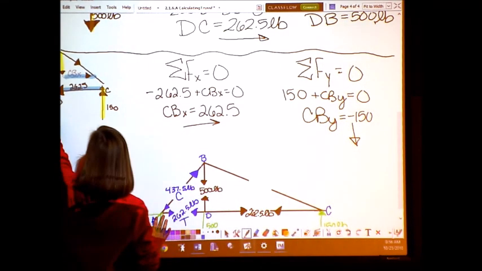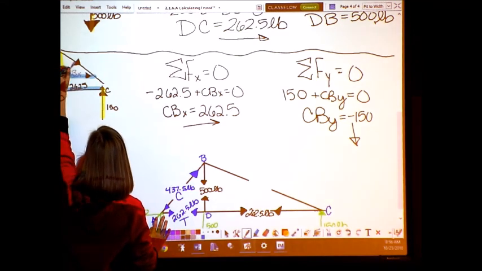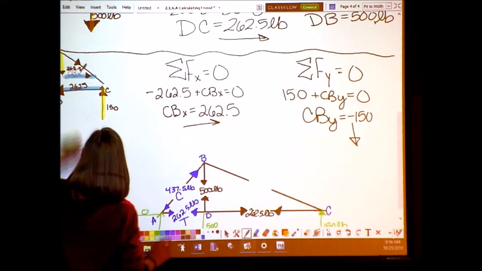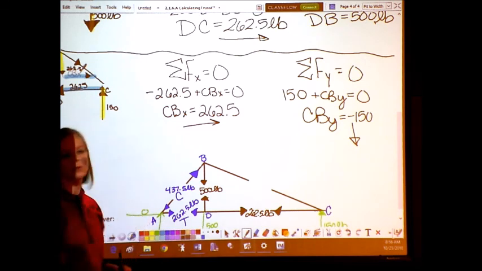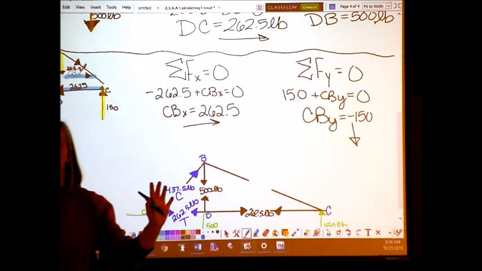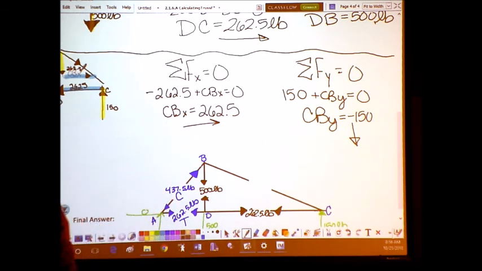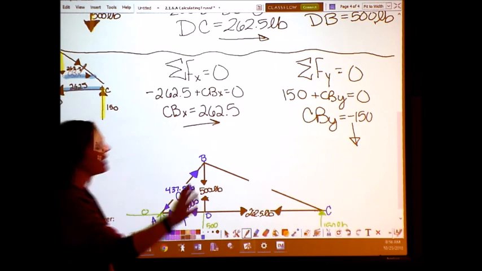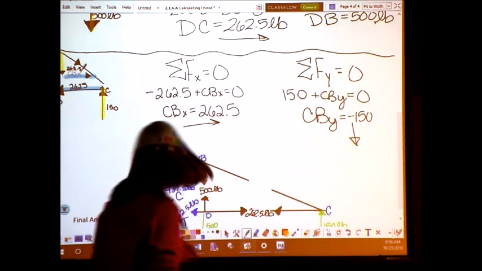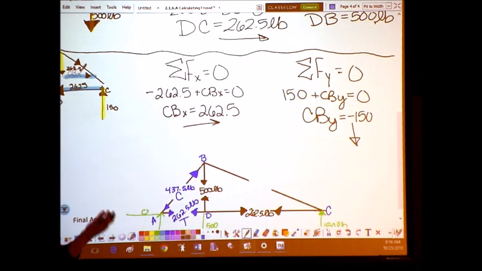So this is 150. This is 262.5. What's the only thing we haven't solved for? We struggled with this on A too. What's the only thing we haven't solved for? Yeah, CB. I know it seems weird that I'm being so picky, but I am. We haven't solved for CB yet, the diagonal.